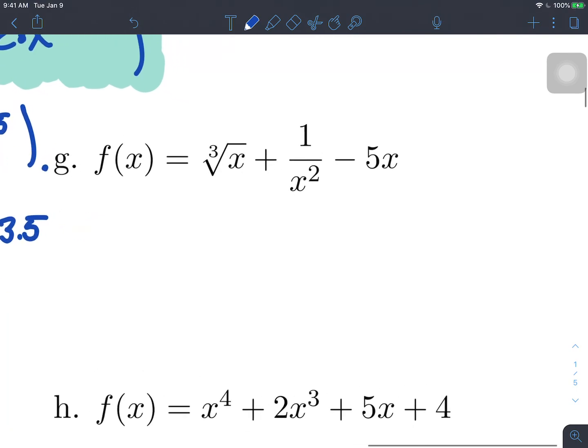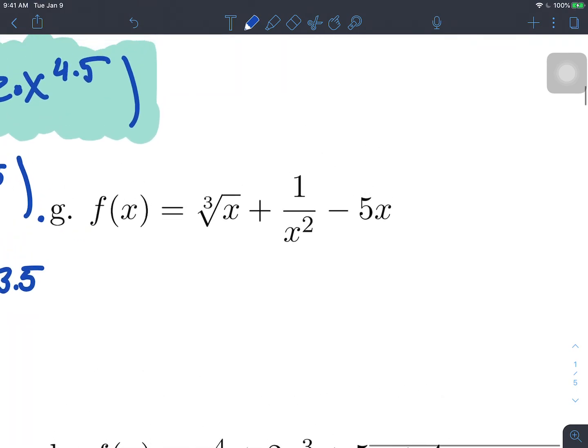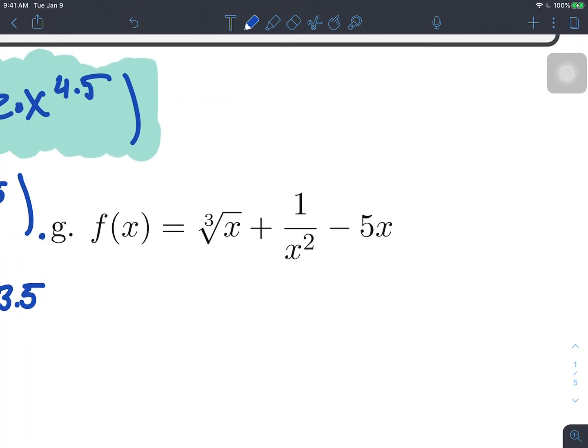All right, so first up, what I'm going to do is rewrite some of these things in a more rule-friendly fashion. The cube root, I'm going to rewrite as x to some power. What should the power be? 1/3. Yeah, 1/3. How about 1 over x squared?